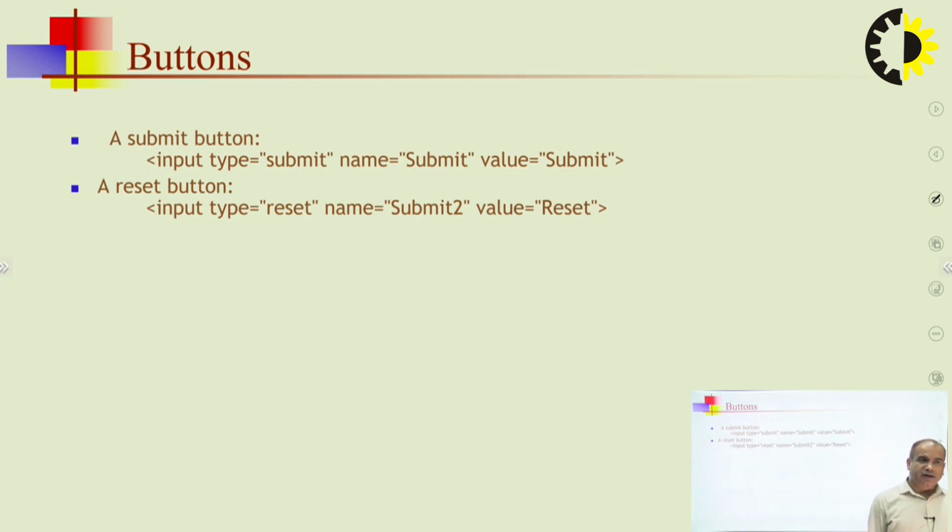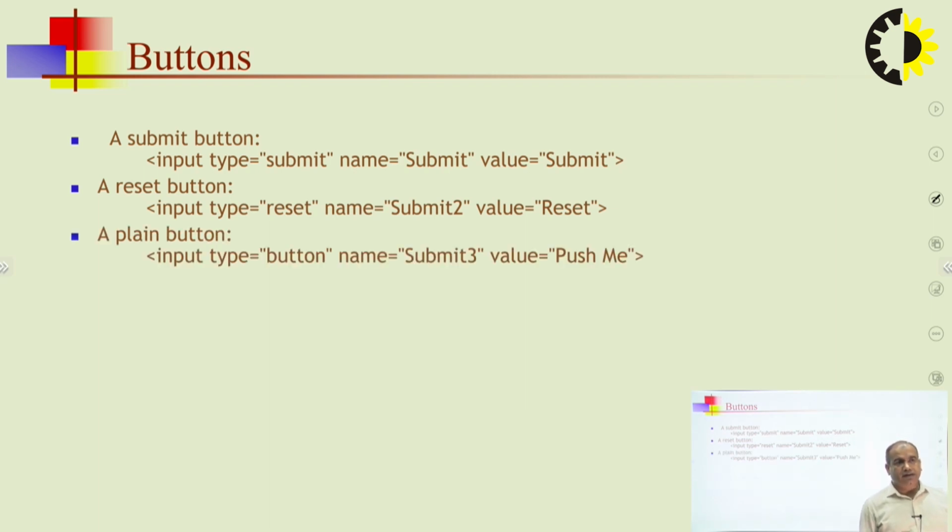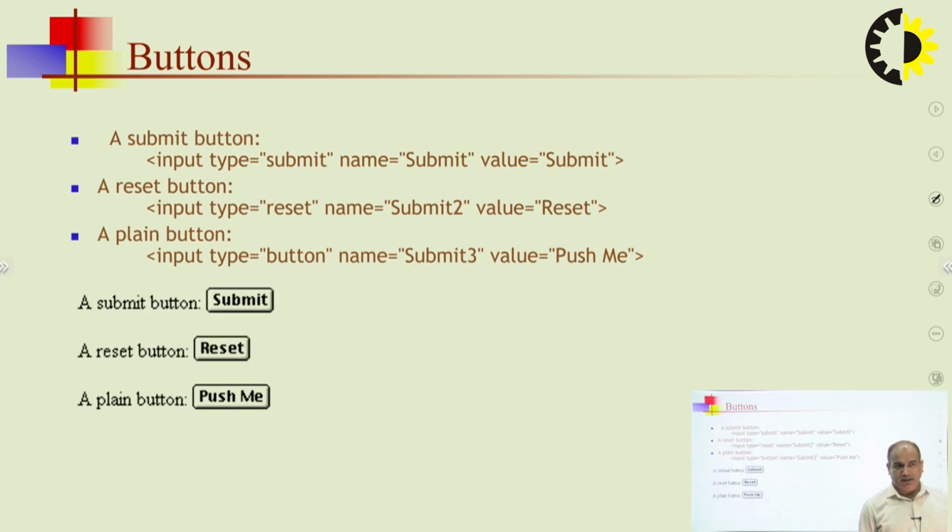If I write input type equal to reset, name equal to submit2, value equal to reset, a reset button will appear. Third, for a plain button, input type equal to button, name equal to submit3, value will be push me. You will see the result here. Submit, reset as well as push me buttons will appear.